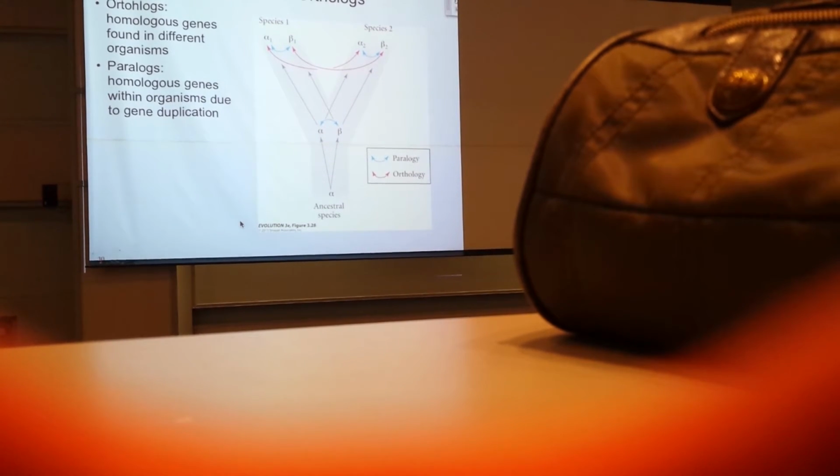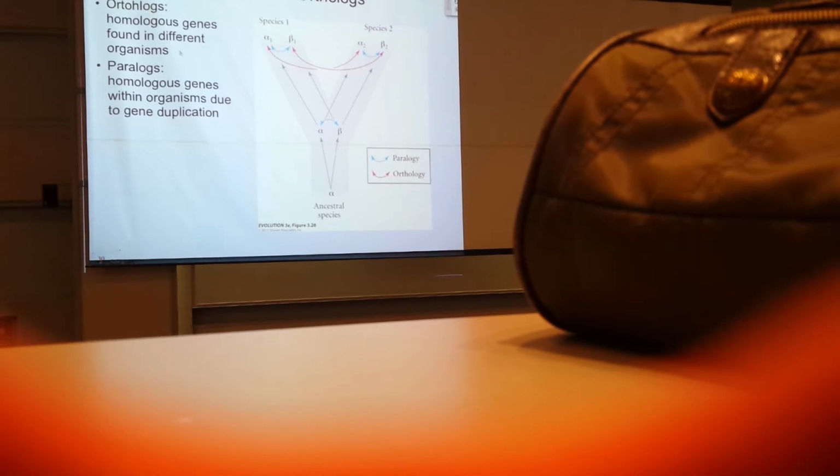So homologs are morphological characteristics that have a shared common ancestor. In genes, we also have homologs, and we have two different ways of looking at them. So here's another typo here. That should say ortholog, not orthologue.